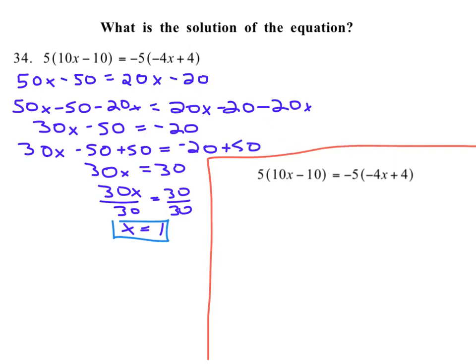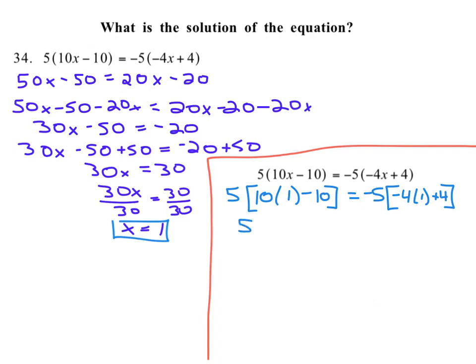Okay, so now, do this in blue. I'm going to say 5 brackets 10 parentheses 1 minus 10, close the brackets, equals negative 5 brackets negative 4 parentheses 1 plus 4, close brackets.